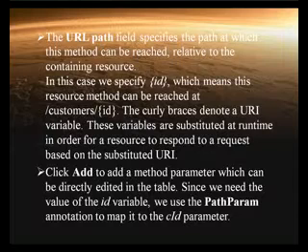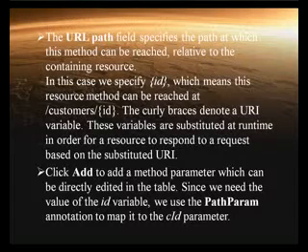In this case, we specify {id}, which means this resource method can be reached at /customers/{id}. The curly braces denote a URI variable. These variables are substituted at runtime in order for a resource to respond to a request based on the substituted URI. Click Add to add the method parameter, which can be directly edited in this table.